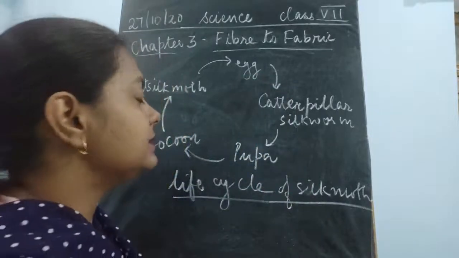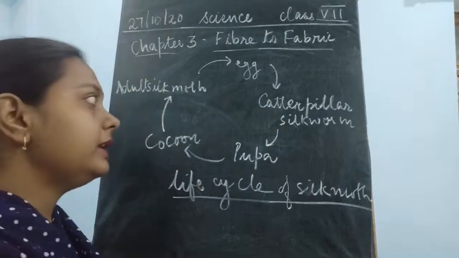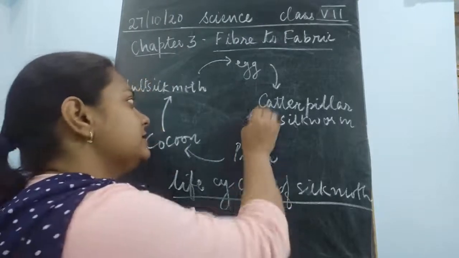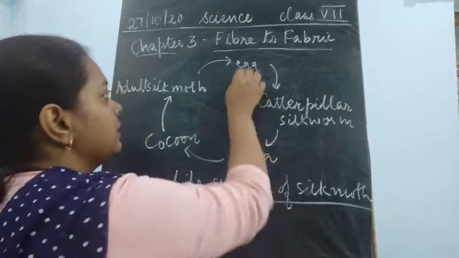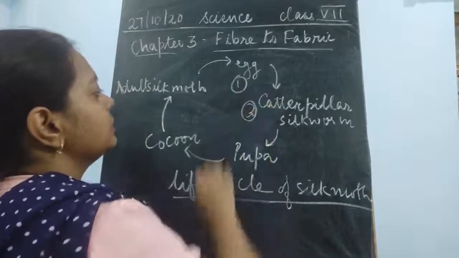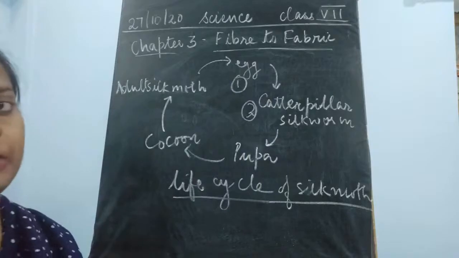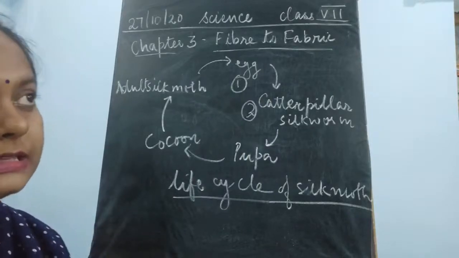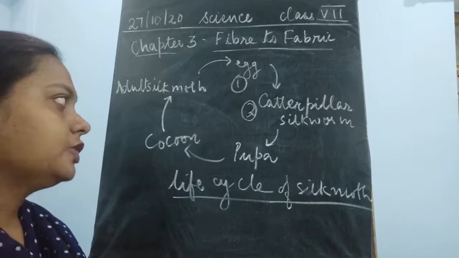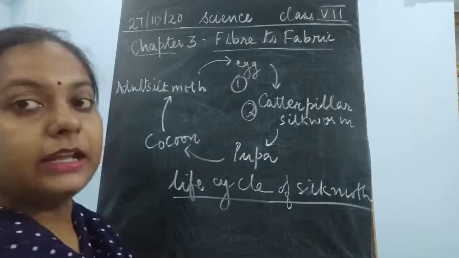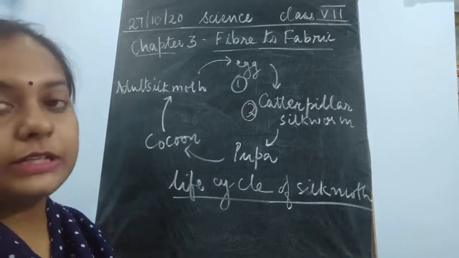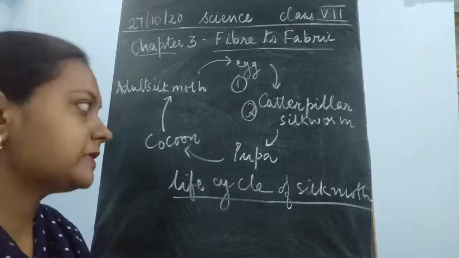Once the egg hatches, it develops into the second stage, the caterpillar stage, giving rise to the silkworm. These silkworms are very hungry. They are always eating, and they eat very voraciously their favorite food, the mulberry leaves.